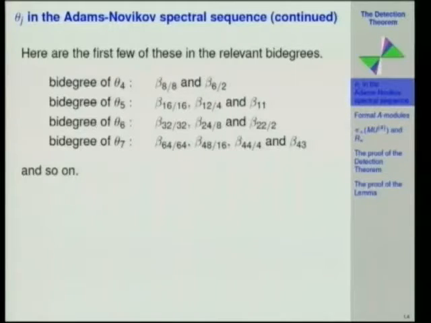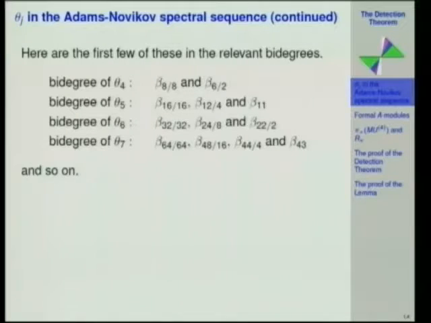When we get up to the bidegree of theta 5, this is in the 62 stem, we have 3 elements sitting there. And for theta 6, we also have 3 elements. And for theta 7, we have 4 elements. And I think you can guess what the pattern is. This is essentially the pattern that Mark described at odd primes. There's a similar situation at the prime 2.